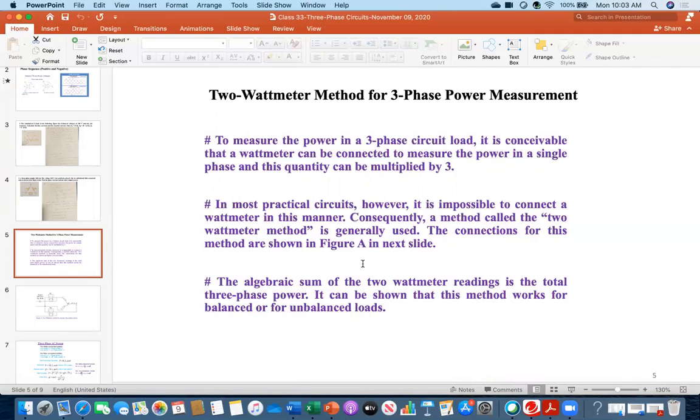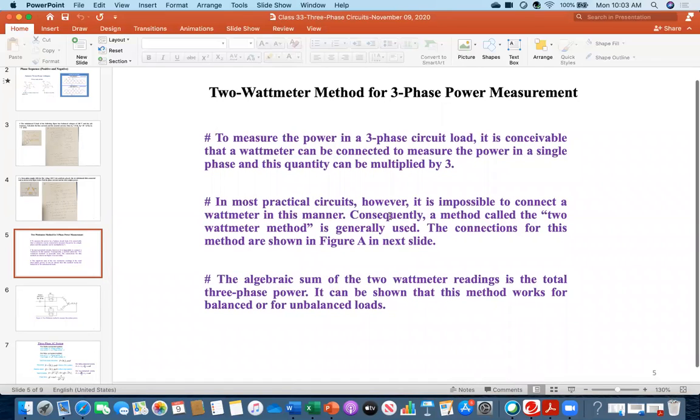So that's why I have written that to measure the power in a three-phase circuit load, it is conceivable that a wattmeter can be connected to measure the power in a single phase, and this quantity can be multiplied by 3. Or instead of connecting 3 wattmeters in 3 circuits, you just measure 1 then multiply by 3. But in most practical circuits, it is impossible to connect a wattmeter in this manner.